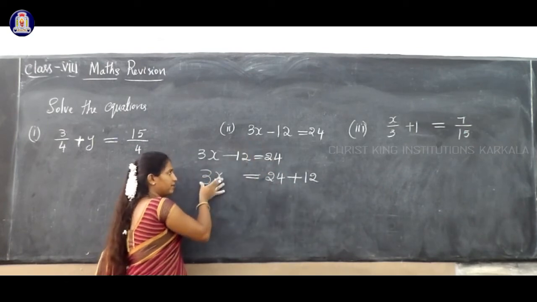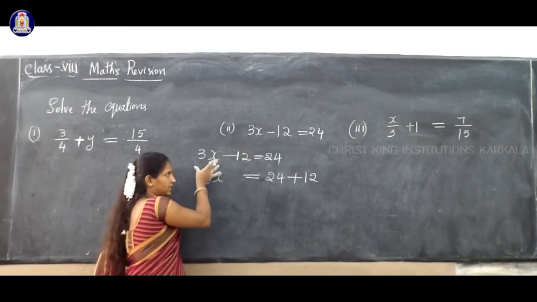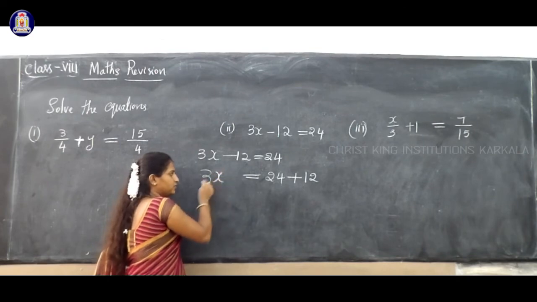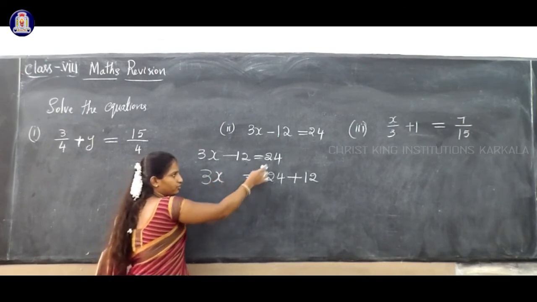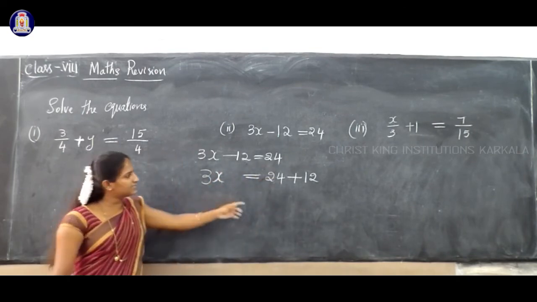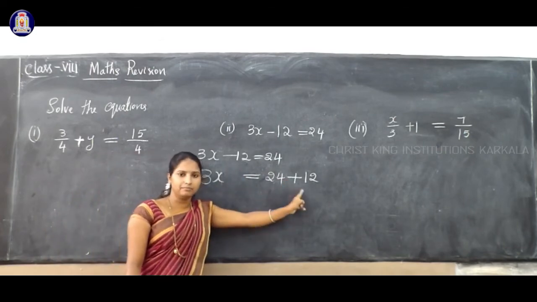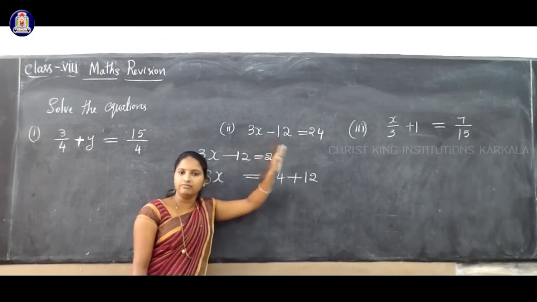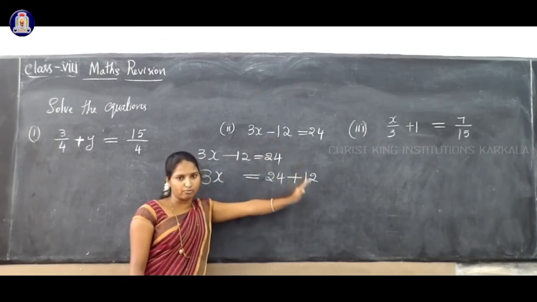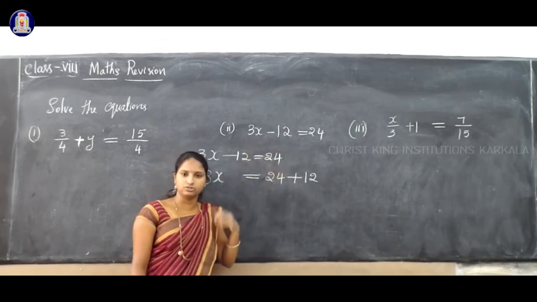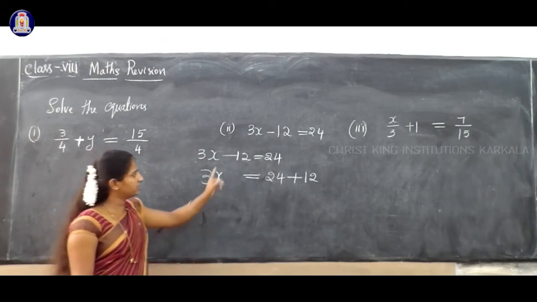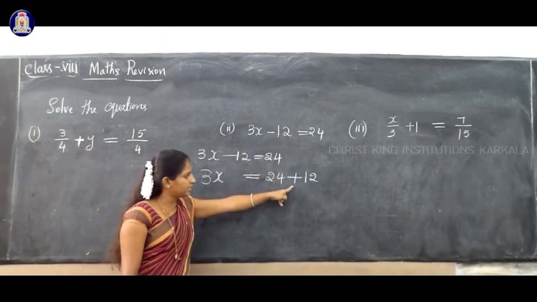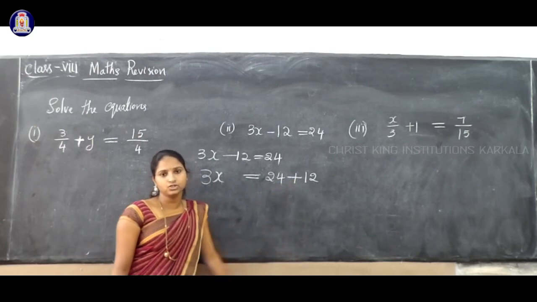So the variable 3x is written as it is. 3x is equal to 24 plus 12. Why plus 12? Because this minus 12 will go to the right hand side, and then the sign will change: plus sign changes into minus, minus sign changes into plus. So here the sign is minus, and it changes to plus 12.